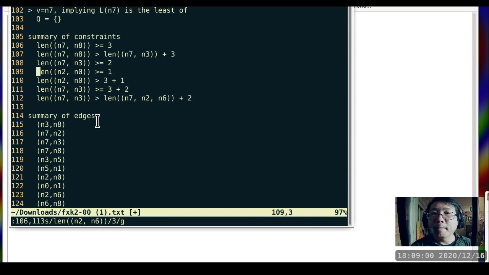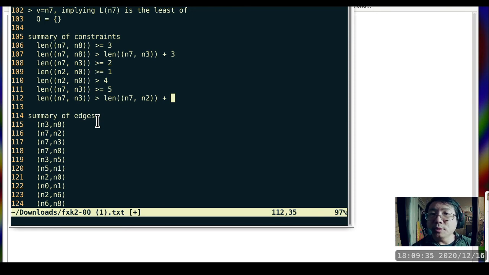All right, so now we can resolve some of these constants. 3 plus 1 is just 4, 3 plus 2 is just 5. Okay, and this one has an n2 n6 in it, so we can put it here, and then plus the distance of n2 n6, which is 3. So we get rid of that, simplify that to a 5, and I think that's the best we can do at this point.